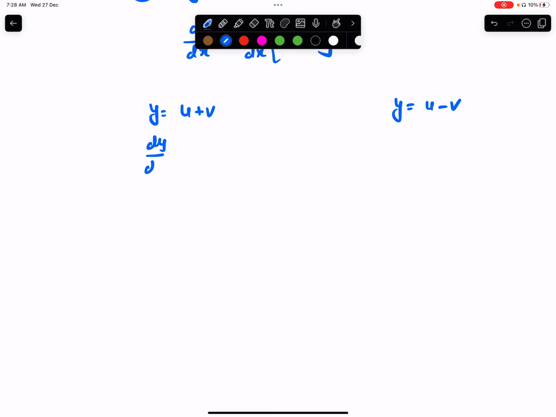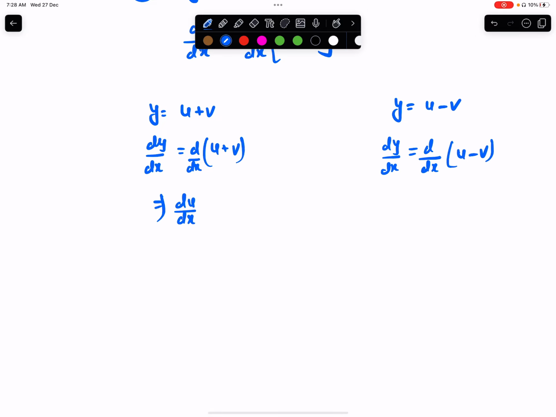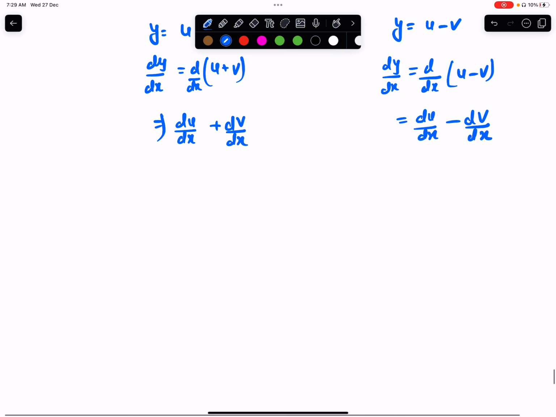So dy by dx of u plus v will be equal to du by dx plus dv by dx, and dy by dx of u minus v will be equal to du by dx minus dv by dx. So this is our derivative of u plus v, and this is our derivative of u minus v.